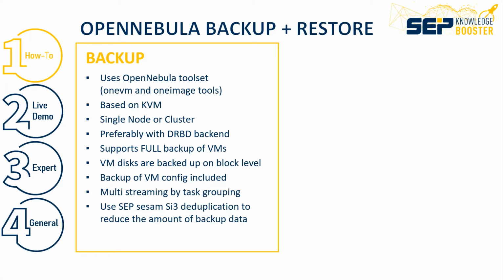However, you have to look at the bottlenecks: if the bandwidth is good enough for doing 50 VM backups at the same time, and if you have enough storage on your productive OpenNebula storage for all these 50 snapshots and so on. These are all the requirements you have to consider for your backup concept.